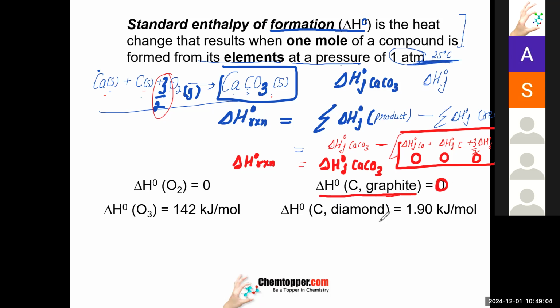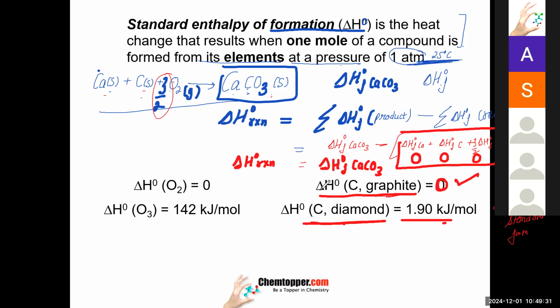This is also a pure element. But how come it is not 0? We are going to take the most stable standard form. So which one is more stable, diamond or graphite? Yes, children? Which one is more stable?